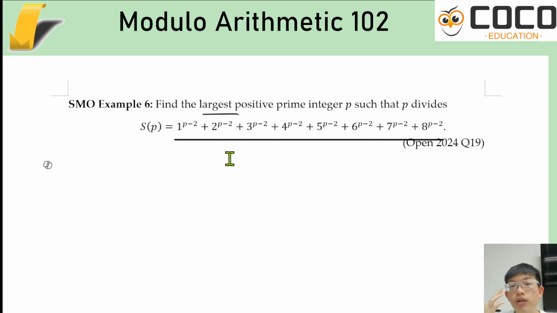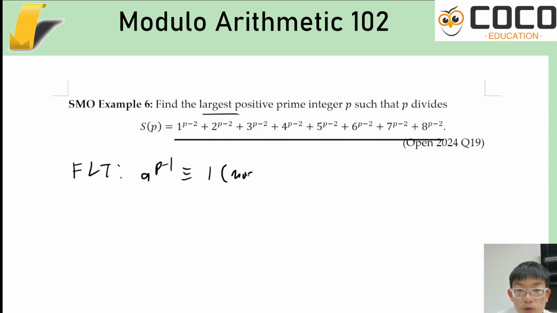Now for this task here, you would have realized a problem, which is that Fermat's little theorem tells me that a to the p minus 1 is congruent to 1 modulo p. But that means that the cycle length is up to p minus 1. However, these are all p minus 2.